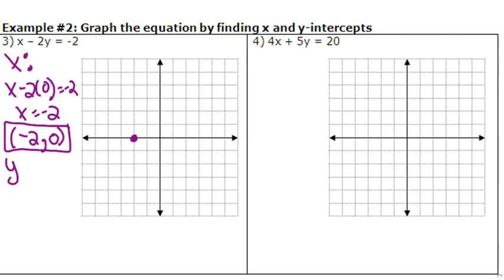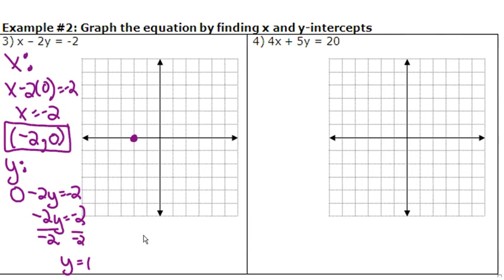The y-intercept, I have 0 for x. So 0 minus 2y equals negative 2. So that's negative 2y equals negative 2. I divide by negative 2 on both sides, and I get that y equals 1. So my y-intercept is 0, comma 1.